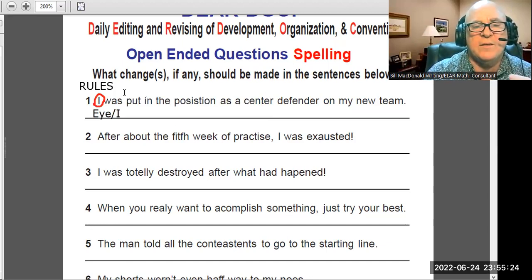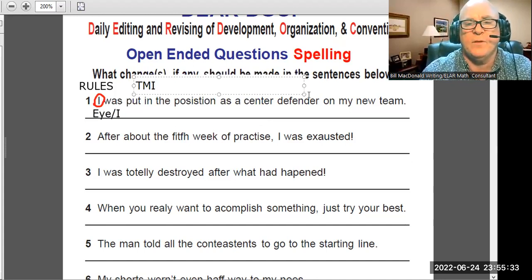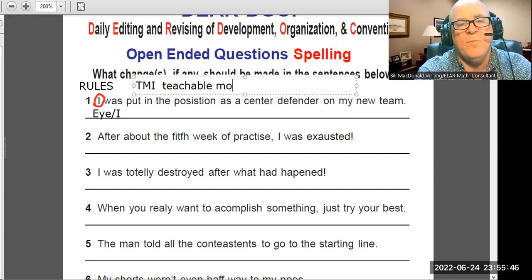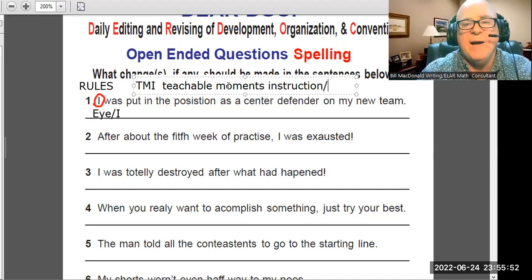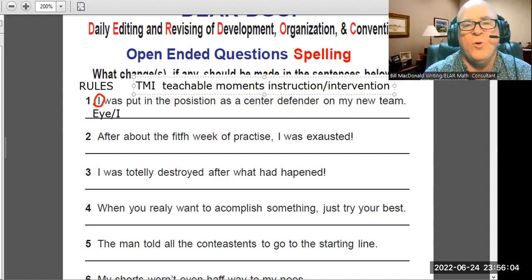I call those little things that I did right there TMIs, not too much information, but if you want to write this down in your notes, they're either teachable moments of instruction, if it's just something minor that you want to cover briefly and quickly, or they could be possibly teachable moments of intervention, where you've already taught the skill and the kids are doing so poorly, you've got to reteach, rewind, review.